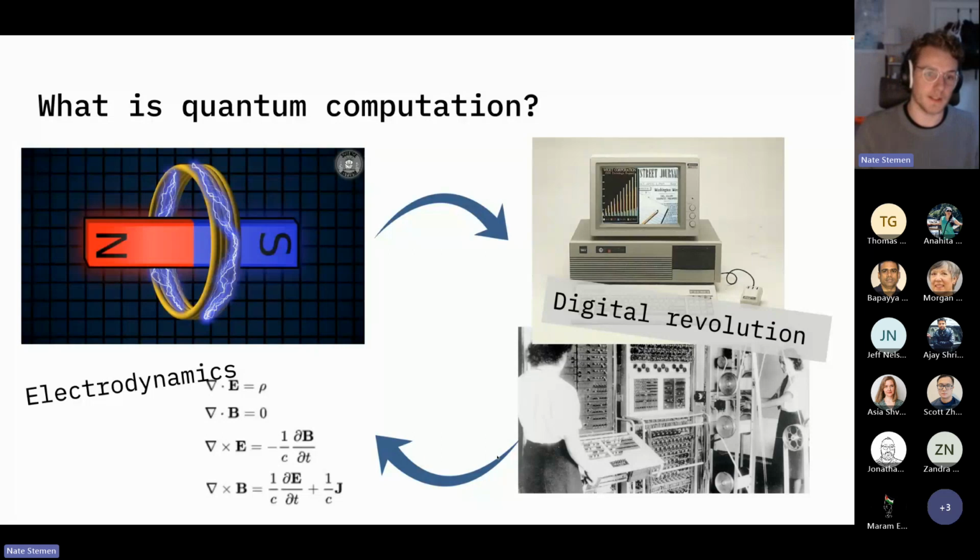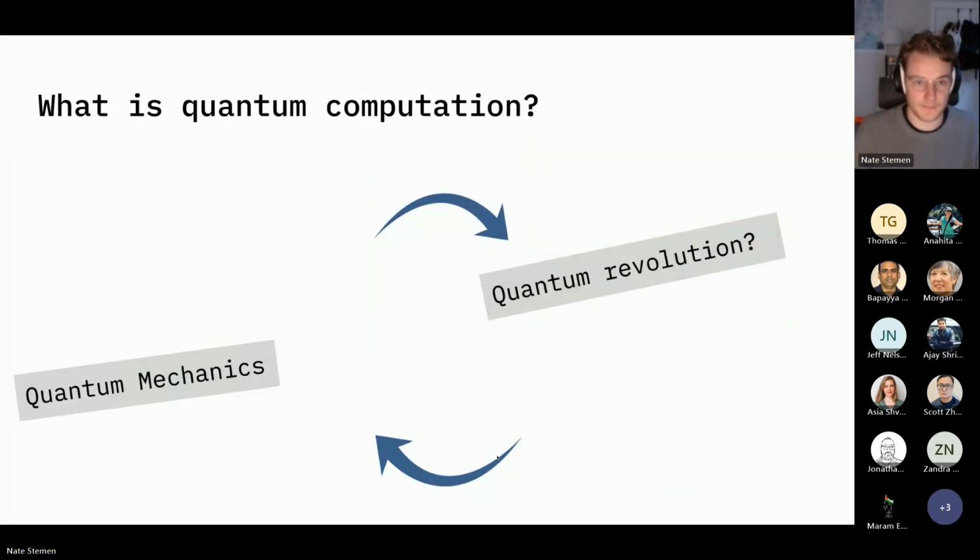And obviously we could do some electronics without the full theory of electrodynamics. But really, again, we have this cyclical flow of knowledge, in terms of, we understand some physical theory, and then maybe we're able to apply that understanding to build technology that harnesses it. And so that kind of gave rise to things like computers and other calculating machines.